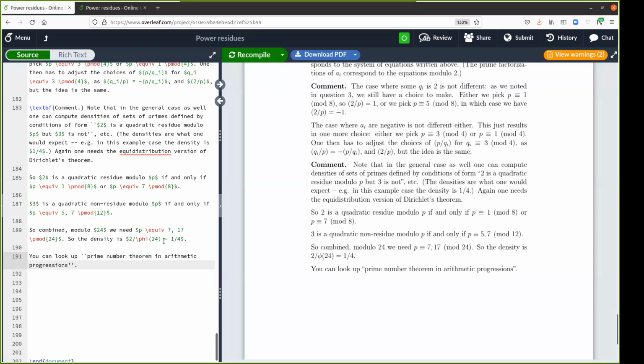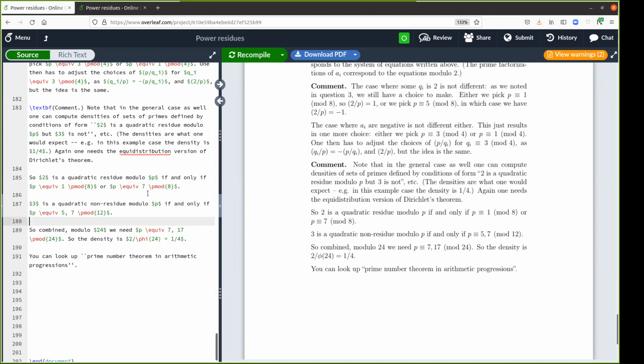How to prove that they do not depend on each other, that they are kind of independent? Well, in this case, we have proven this already because in this proof here, I didn't say anything about them being independent. I just used the Chinese remainder theorem and so on.